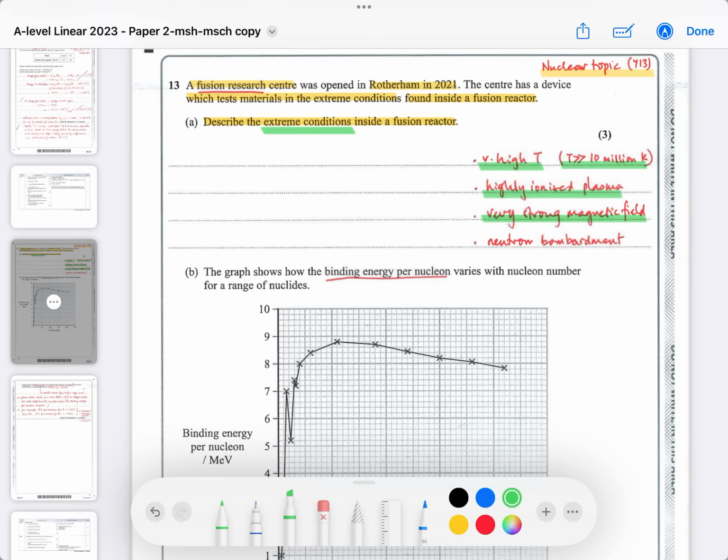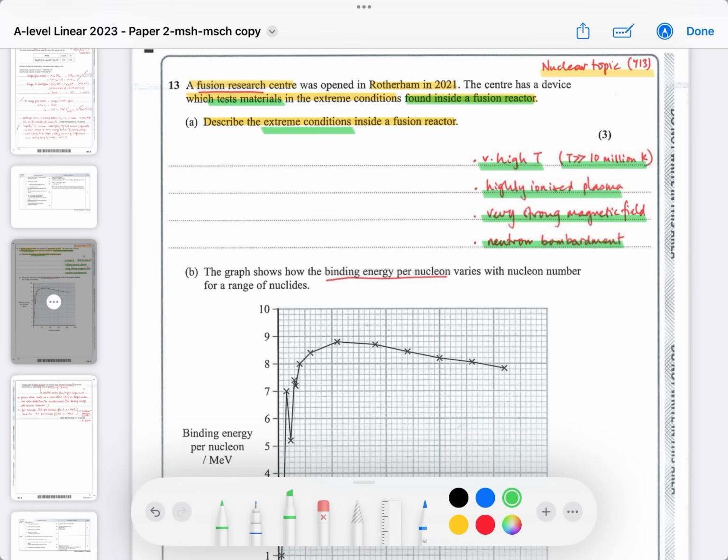Okay? And you're going to create a lot of neutrons in the process of nuclear fusion. So there's going to be a lot of bombardment of neutrons. And of course, they're going to affect the materials that are found inside the fusion reactor.